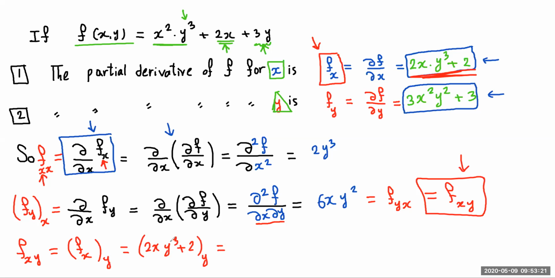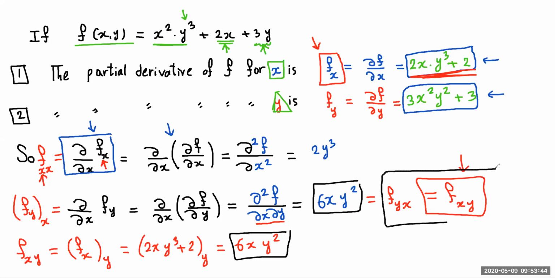So the derivative for y of y power 3 is 3y power 2. And 2x are constants for y. So 2x times 3, so 6x y power 2. So this is the final answer. And you can remark here that this answer is the same as this answer. So this equality is correct.